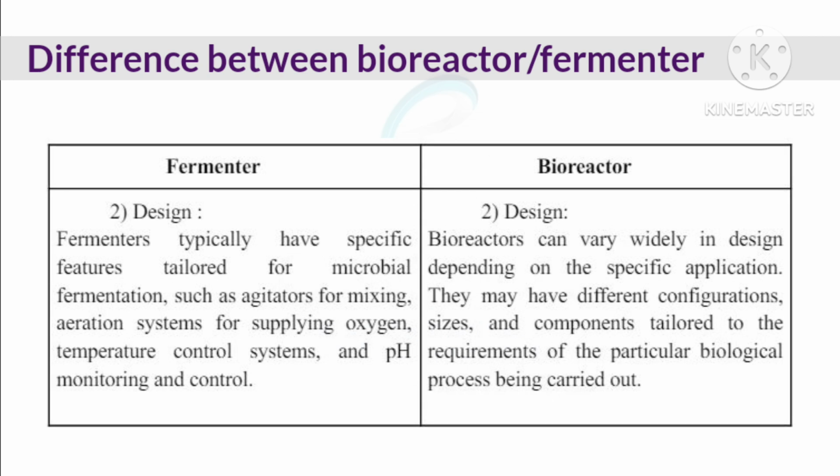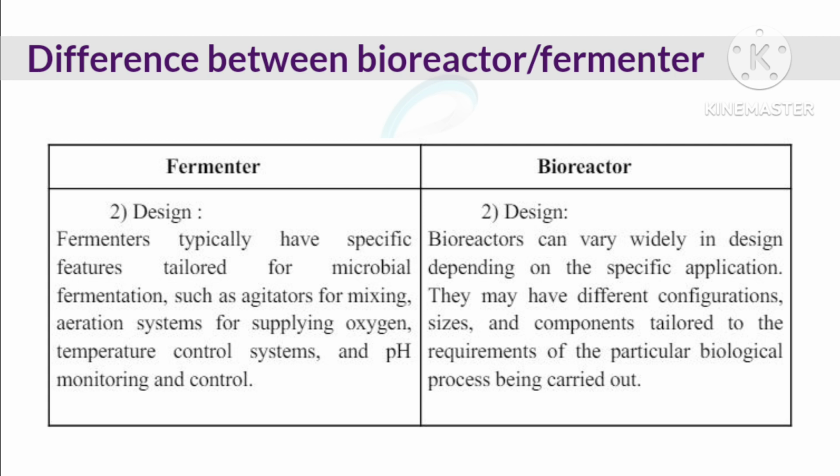Second, design. Fermenters typically have specific features tailored for microbial fermentation, such as an agitator for mixing, an aeration system for supplying oxygen, a temperature control system, and pH monitoring and control. Whereas a bioreactor can vary widely in design depending on the specific application. They may have different configurations, sizes, and components tailored to the requirements of the particular biological process being carried out.